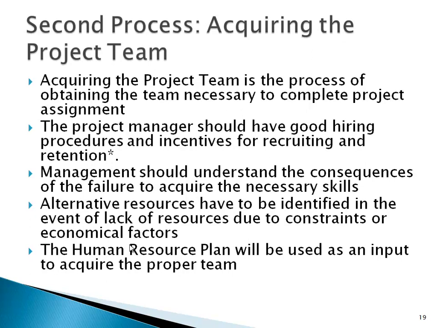The second process will be acquiring the project team. Acquiring the project team is the process of obtaining the team necessary to complete project assignments. Since we identified in the first process the different skills that I need to execute the project, I now need to gather those team members or find them and start hiring them.